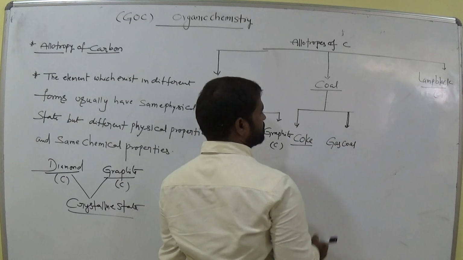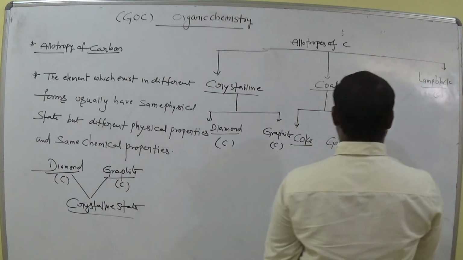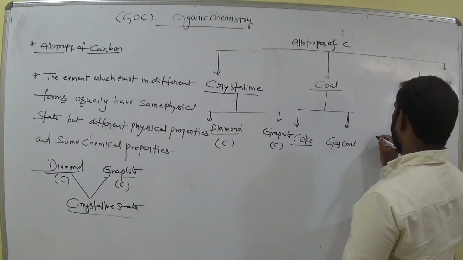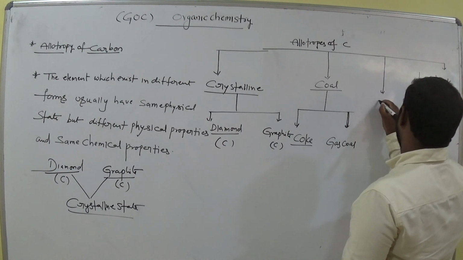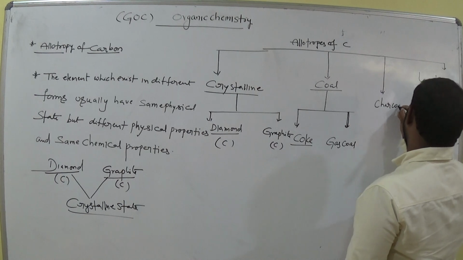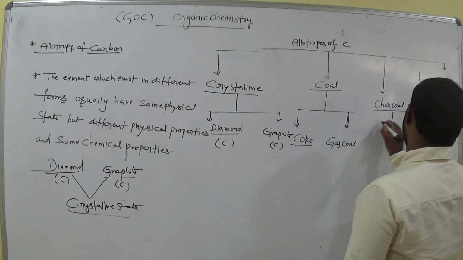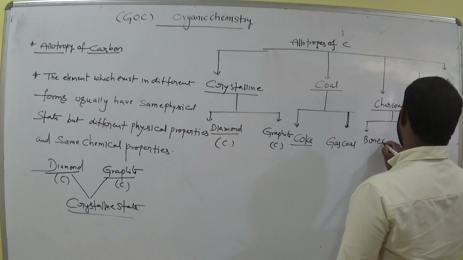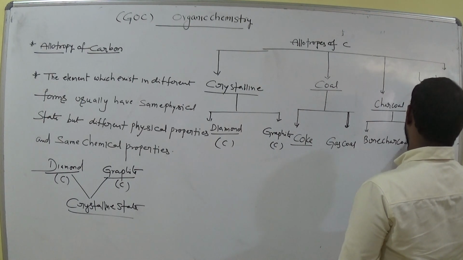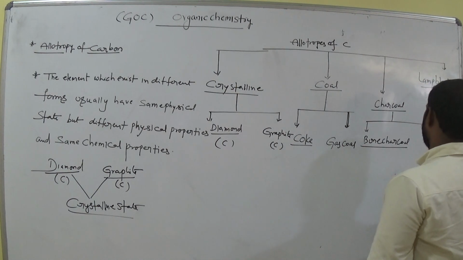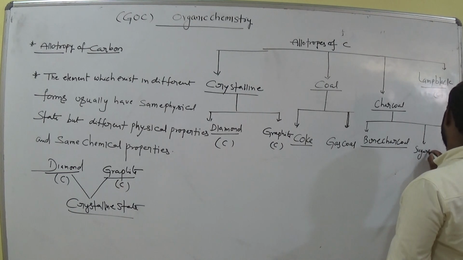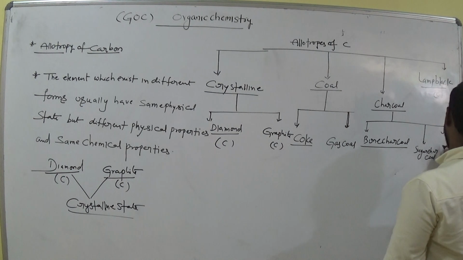These are also allotropes of carbon. And another allotrope is charcoal. In that charcoal we have bone charcoal. These are types of carbon: bone charcoal, sugar charcoal and animal charcoal.